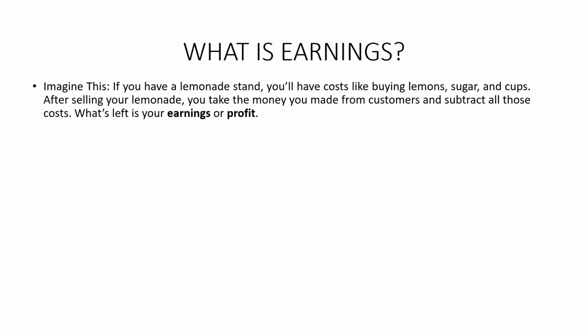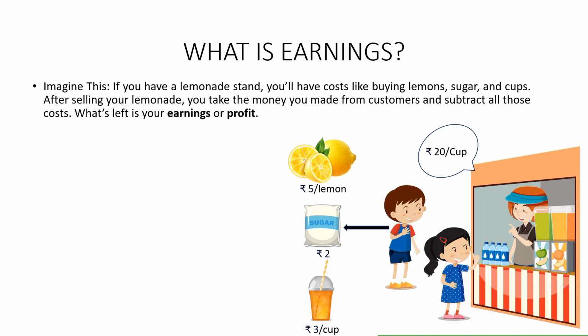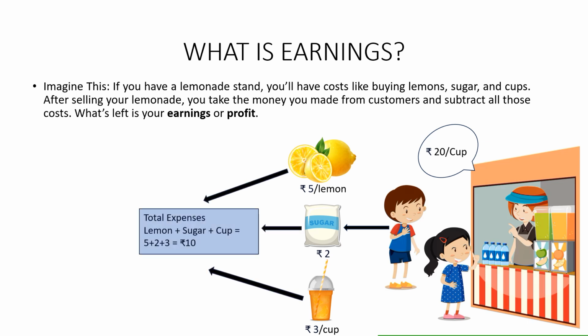We just saw what price is. Now let's see what earnings are. Imagine you have a lemonade stand. You'll have costs like buying lemons, sugar, cups. After selling your lemonade, you take the money you made from the customers and subtract all those costs. Whatever is left is your earnings or your profit.